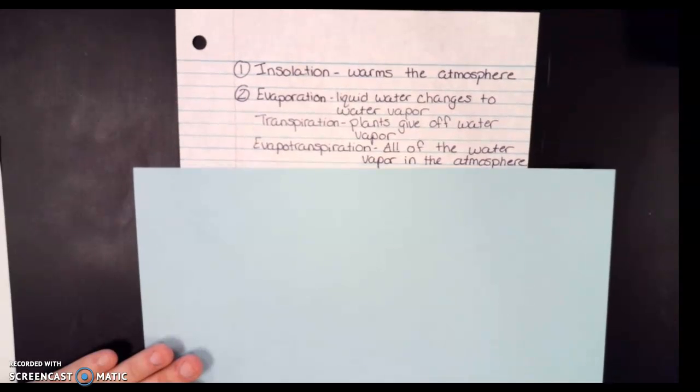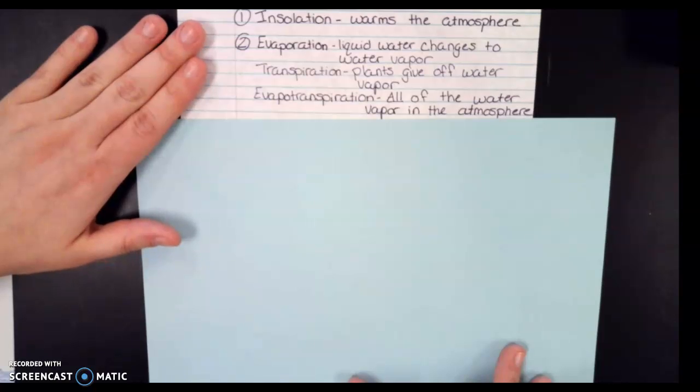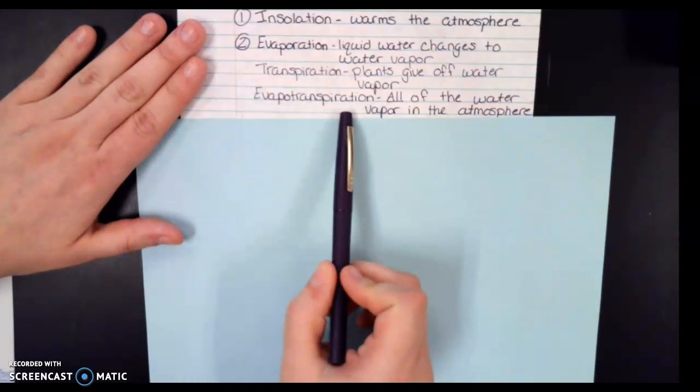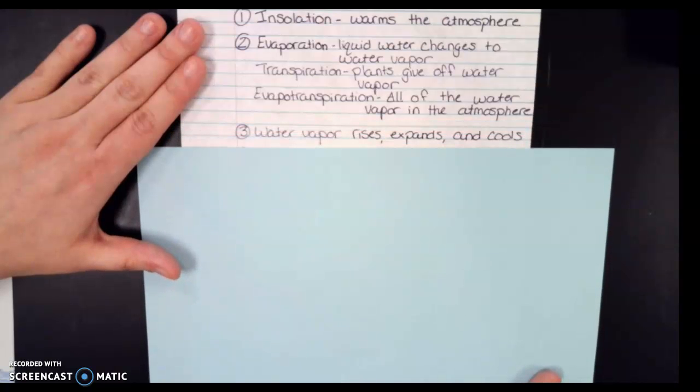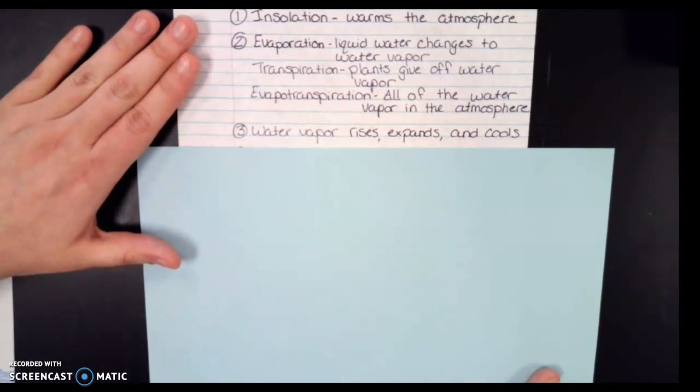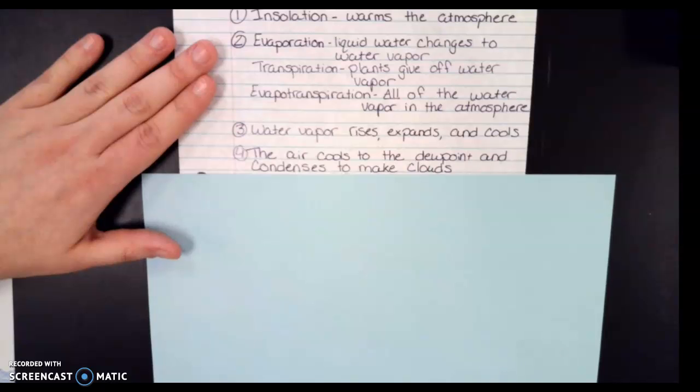Scientists like to put words together, so we have the process of evapotranspiration, which is where all of the water vapor in the atmosphere. So evapotranspiration represents all of the water that is found in our atmosphere, all the water vapor. Our water will then rise, cool, and expand. The air will cool to the dew point and condenses to make clouds.